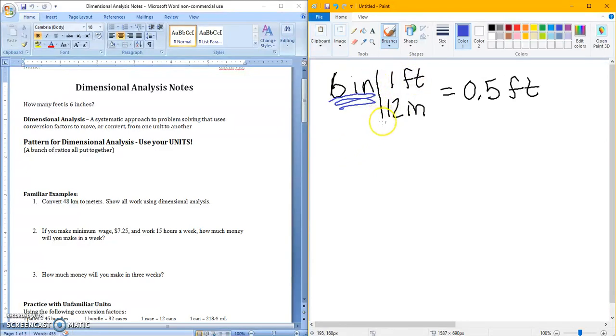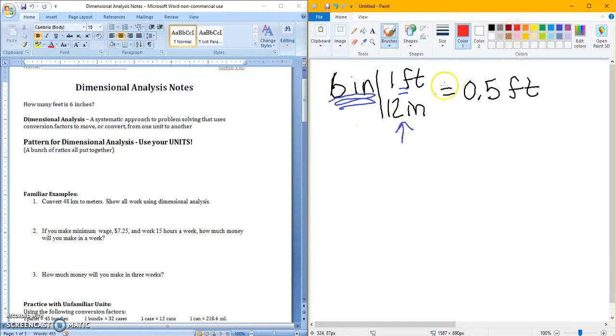After the line, you use a conversion factor that equals one another. So in this case, 12 inches equals 1 foot. This conversion factor never changes. 12 inches will always be in 1 foot. So I'm never, ever going to change a conversion factor. The only thing that ever changes is the number that I start with and the units.